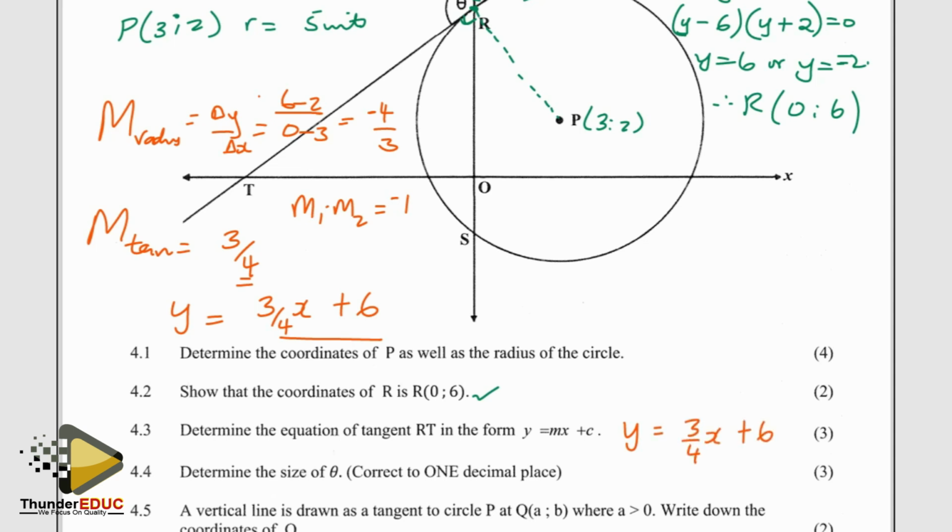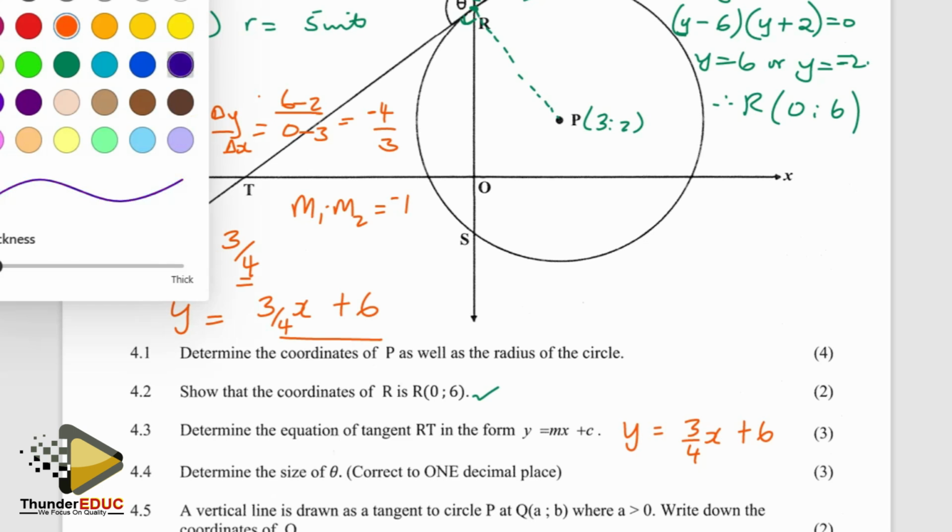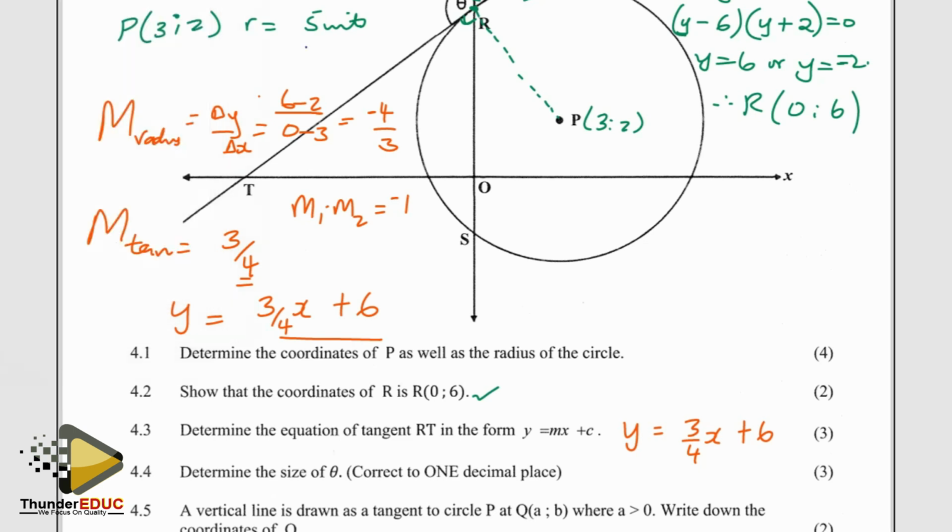Then they want us to get theta. How do we get theta? Let me look at this theta as an exterior angle to this angle, which is 90, we know this, and this angle here, which I can call alpha.